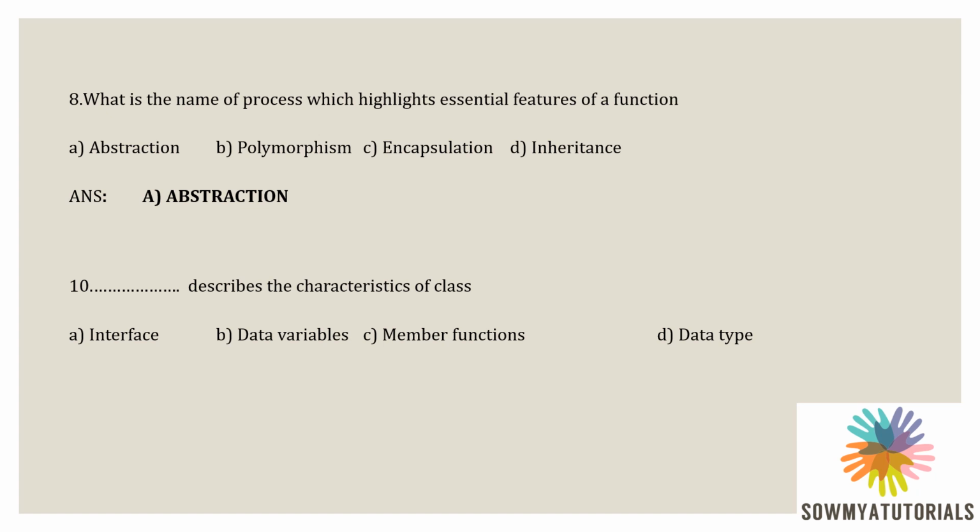The options are interface, data variables, data members or member functions, and the last option is data type. So the correct option here is data variables. This option is the correct answer. Data variables describe the characteristics of the data.